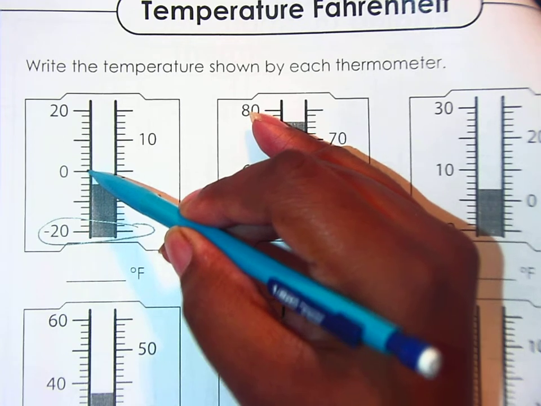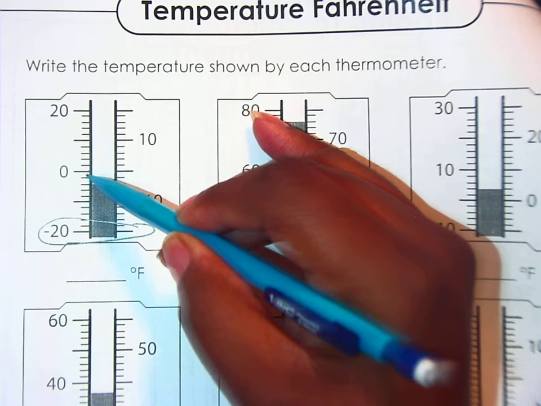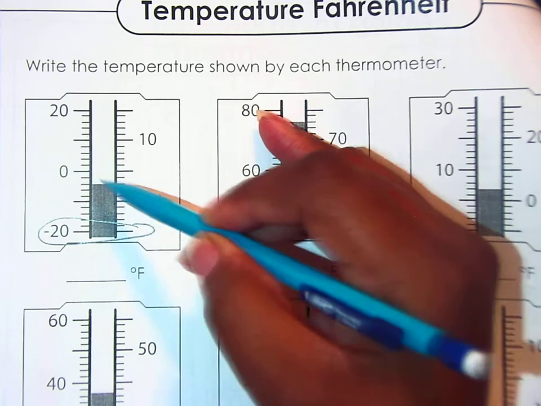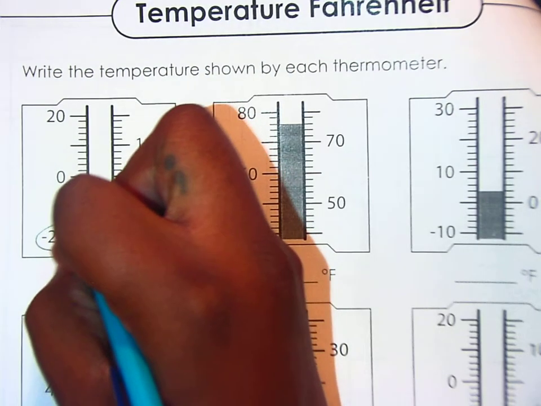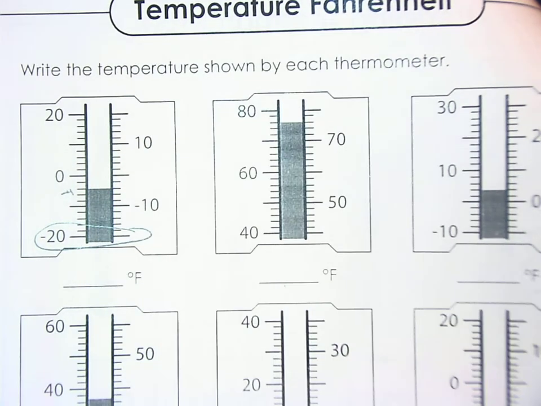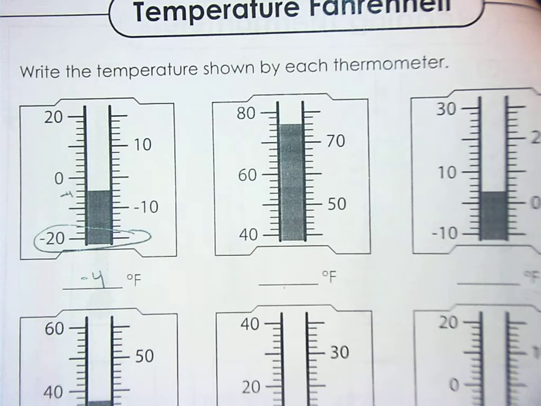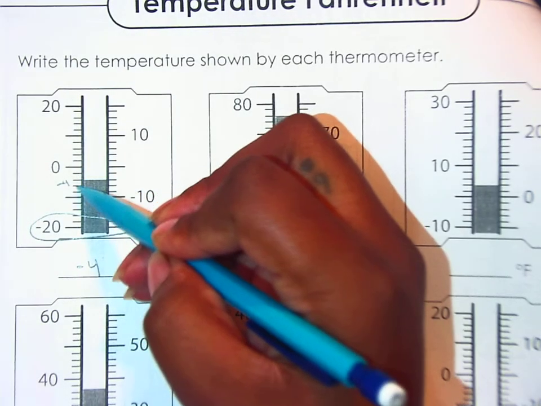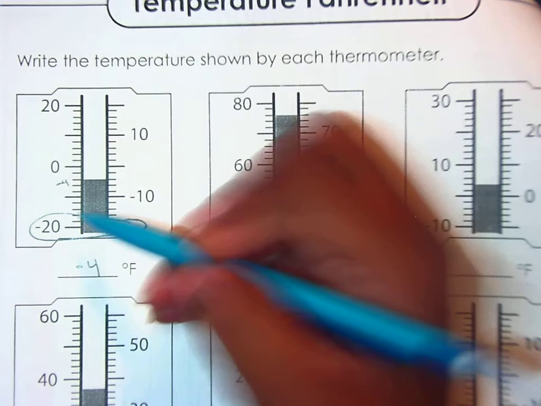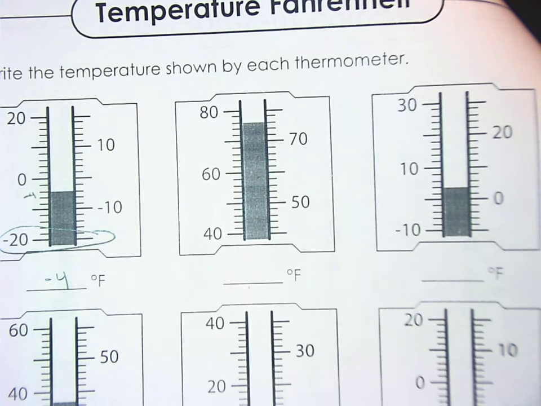So if I'm at 0, this is my 0 point, I'm going to go 2, 4. So this is actually a negative 4 is where my Fahrenheit degree is, okay? So start at 0 and count yourself down by 2s for each line, and that's going to help you understand what temperature your degree is.